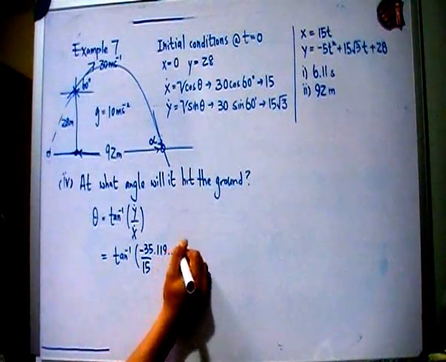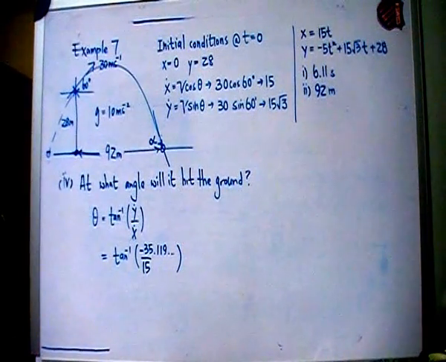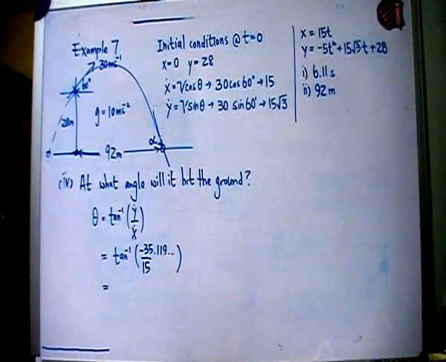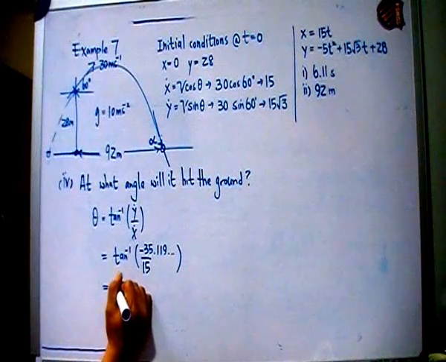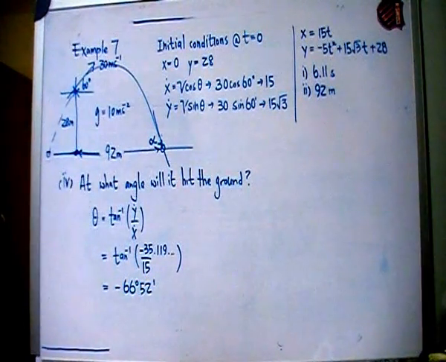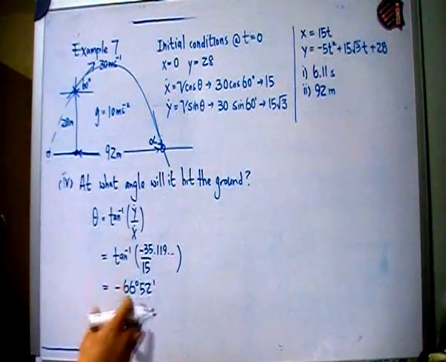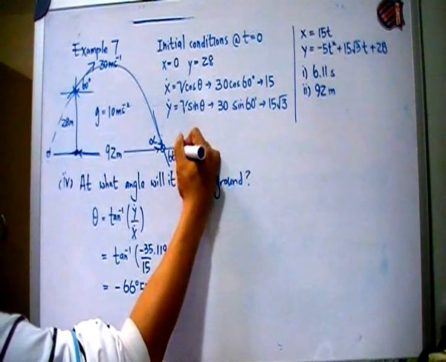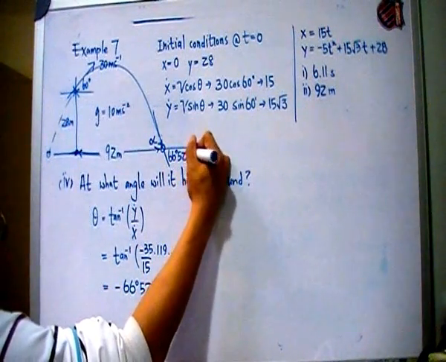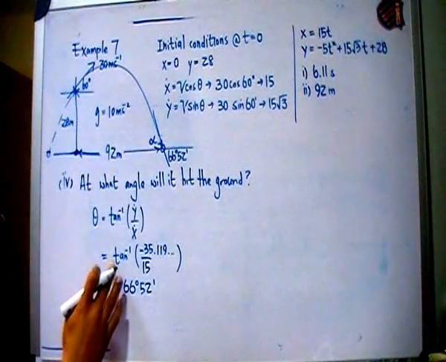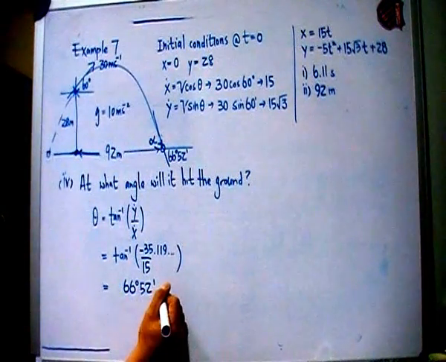I'm just going to put that over 15 and shift tan it to get something like minus 66 degrees 52. Now remember, it's a calculator. It's actually giving you this angle here, which on a calculator will come out as a minus. So obviously that angle is the same as that angle. So just get rid of that minus and you'll be done.